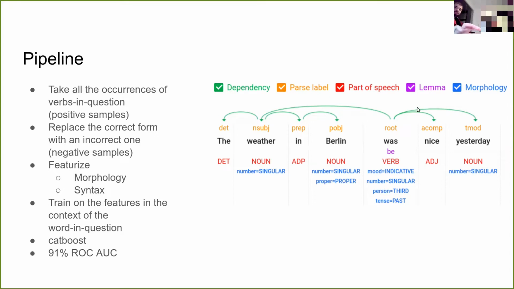First is what the parent of this word is in the syntax tree. By tradition, the root of the syntax tree is a verb. For instance, the subject is a child of the verb, while the article here is the child of the subject.